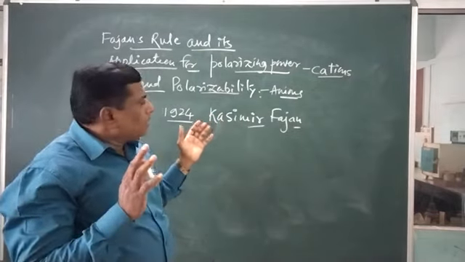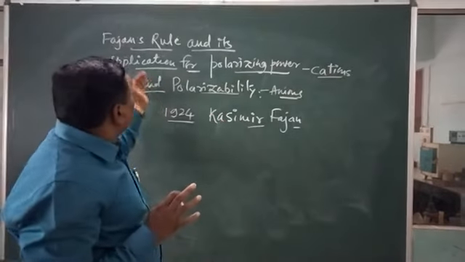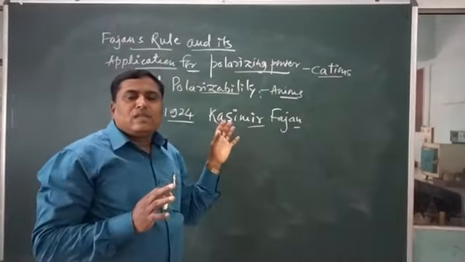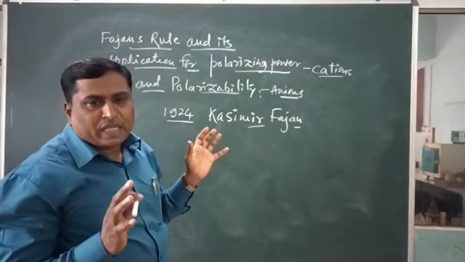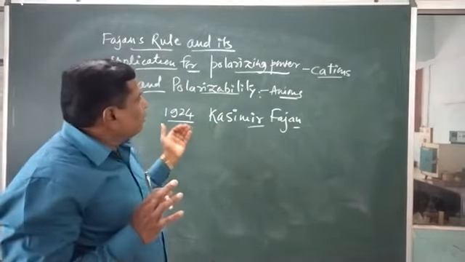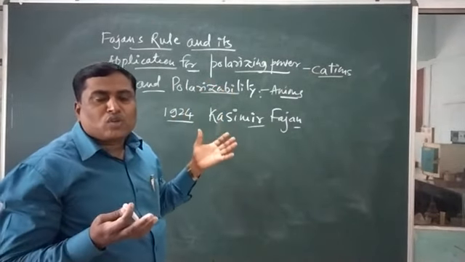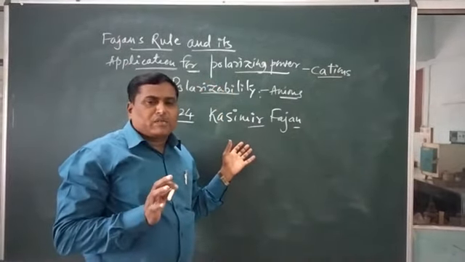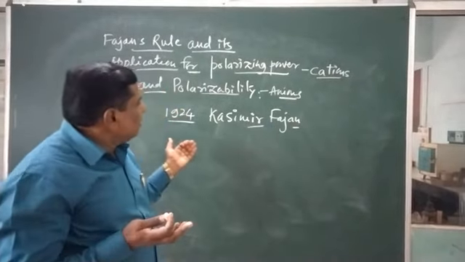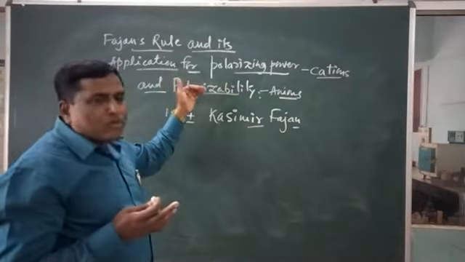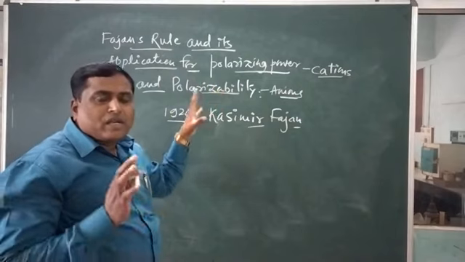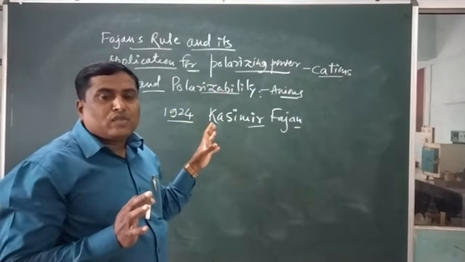This can be explained by the scientist Paget through the degree of polarization effect, that is, why covalent bond formation takes place in ionic bonds. Hence it is called Paget's rule.